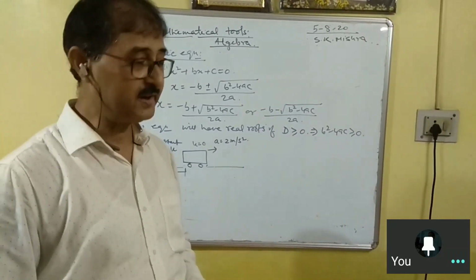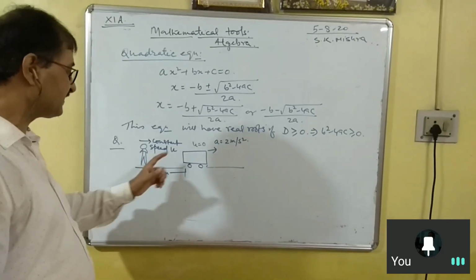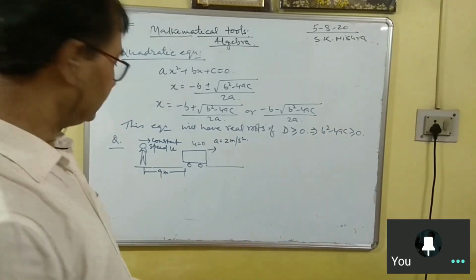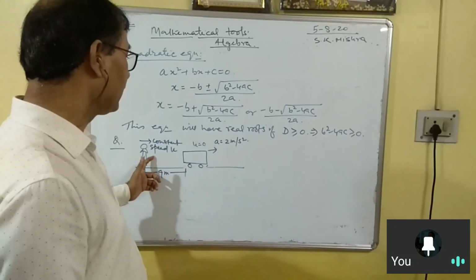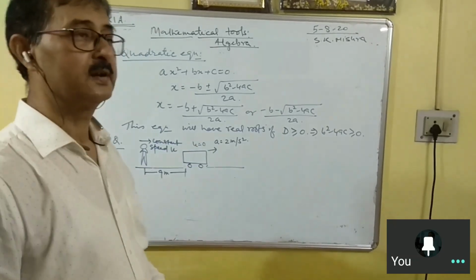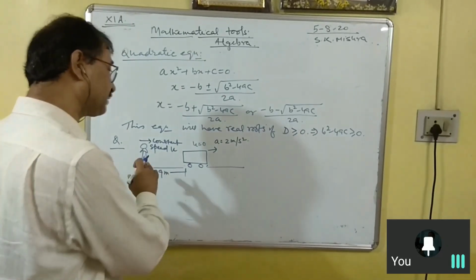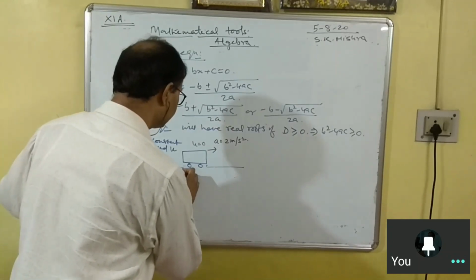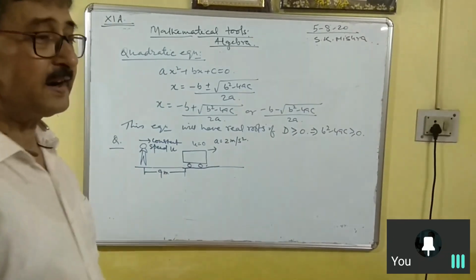The question is, with what minimum velocity should the person start and keep on moving so that the person will finally be able to catch the bus? The bus is not retarding, the bus is continuously in accelerated motion. It is moving this way, and the person is running behind it.